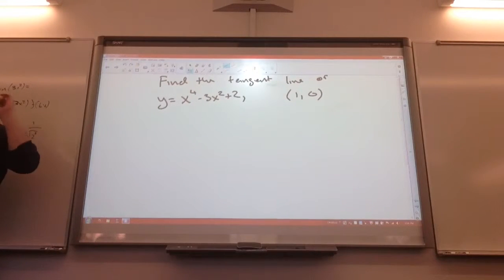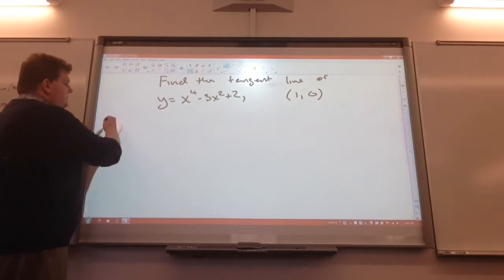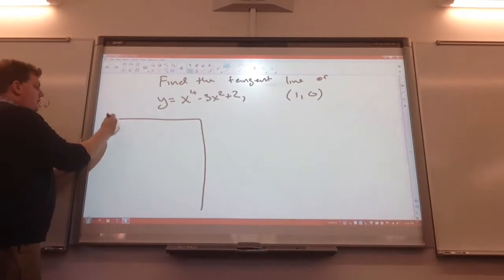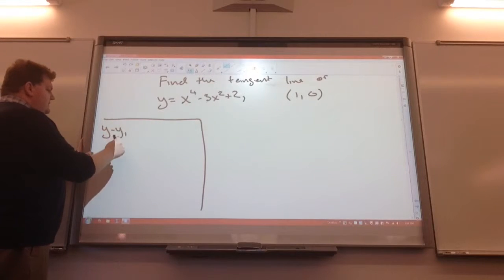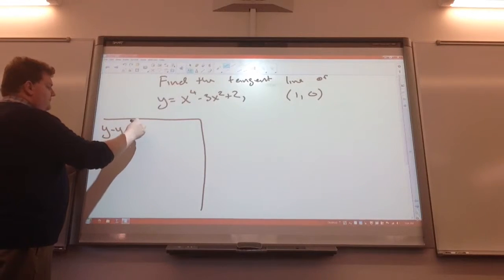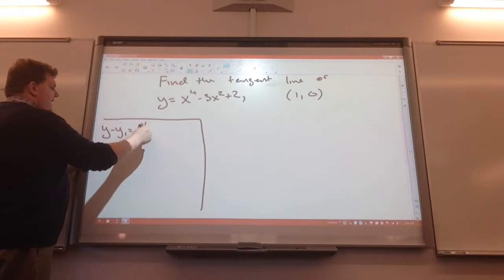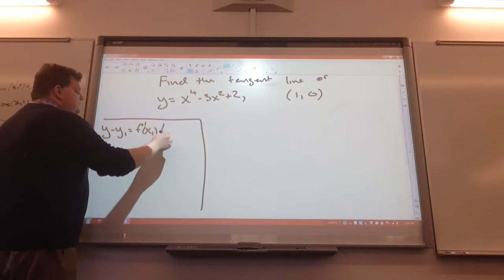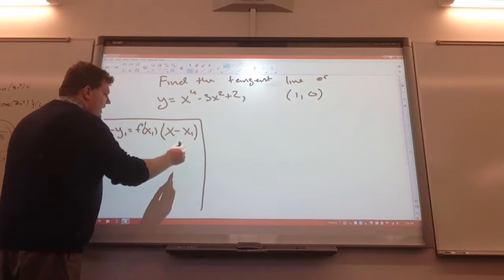Tangent lines actually have an equation that works for the tangent line. That equation is y minus y1 equals the derivative at x equals 1 times x minus x1.